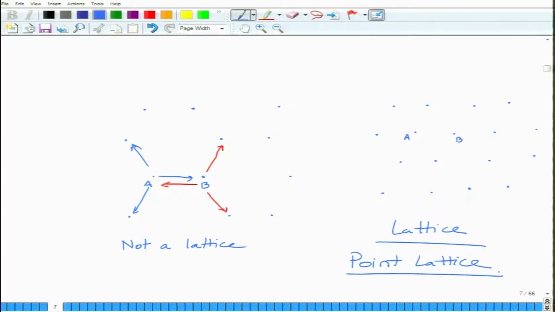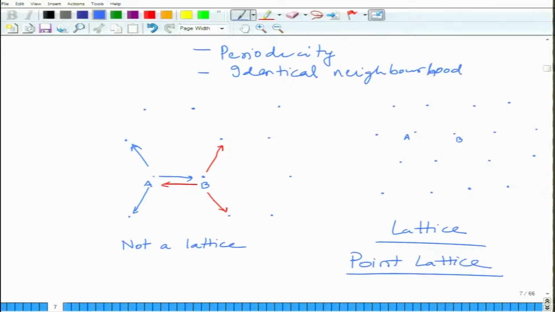Okay. So, the two definitions are periodicity and identical neighborhood. Okay. So, these are two distinct scenarios.